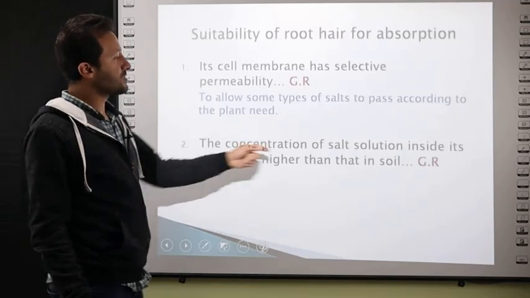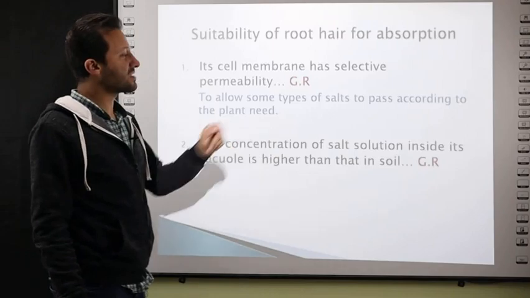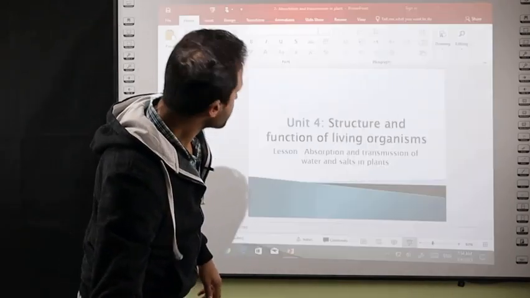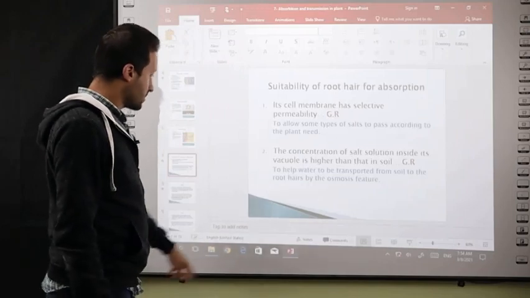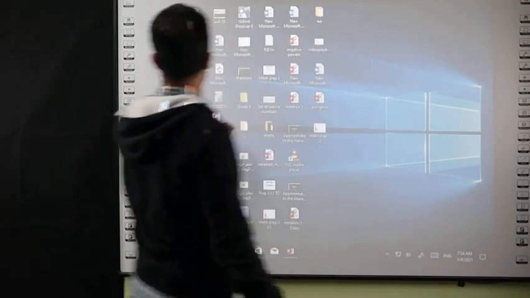Number two, the concentration of salt solution inside its vacuole is higher than in the soil. And to understand this point, we can explain it here.